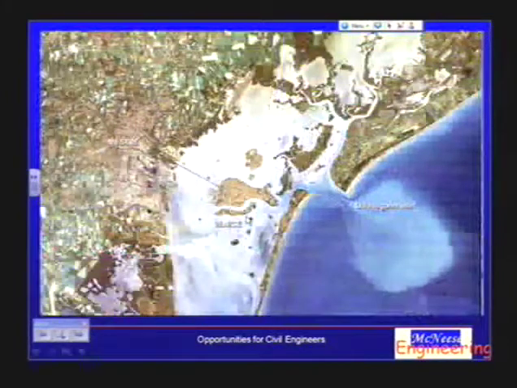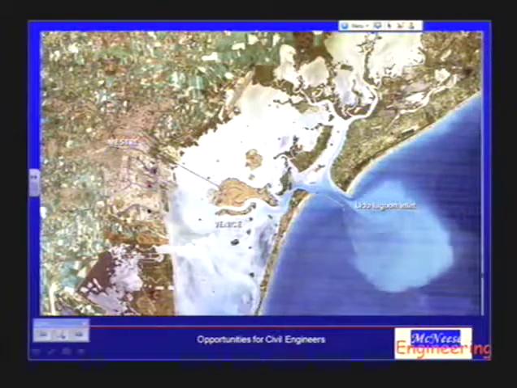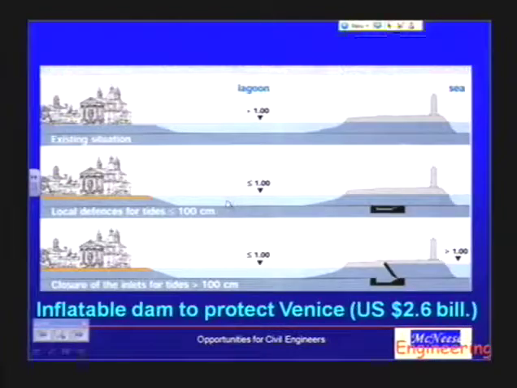So this kind of gives you an idea of the layout. We've got a lagoon out here, the ocean, an entrance where the water can come in, and then we have this area, and the water flows through Venice. They use those little boats to get around, and so they came up with a concept. All right. Well, what if we can keep the water in the lagoon at a constant level? So even though the city may be sinking, if we can just keep that at a constant level, everything will be good.